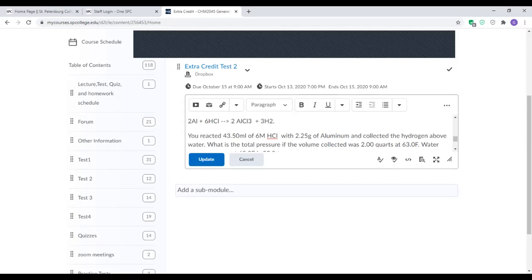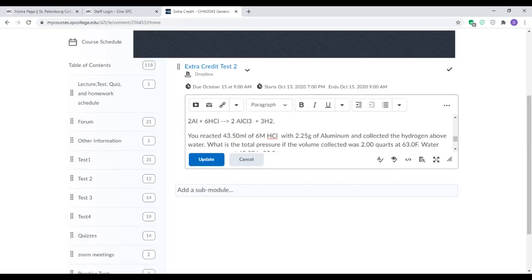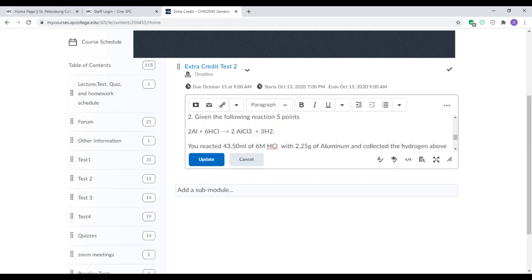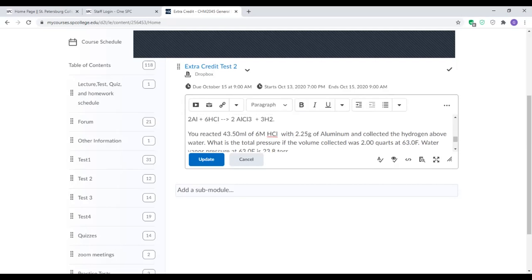Then the other thing you had to do: I gave you the water vapor pressure. You were supposed to use the ideal gas law to figure out what the pressure of the hydrogen was. Then the total pressure is the pressure of the hydrogen and the water. You add the 2 together.